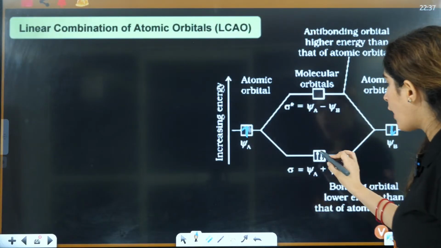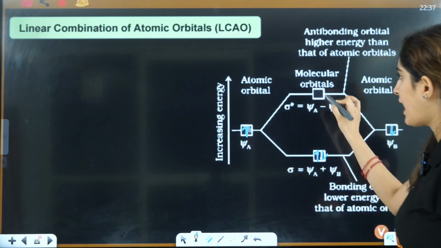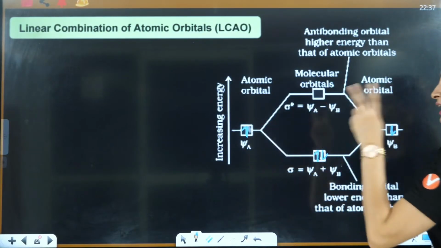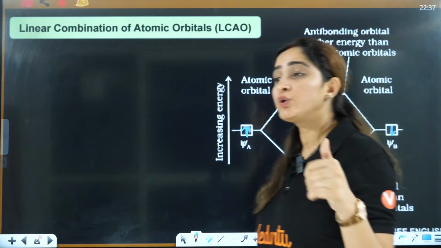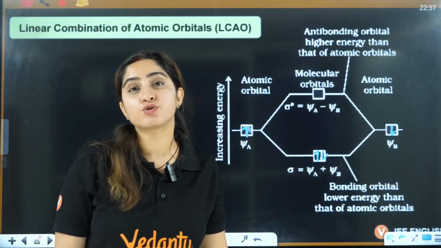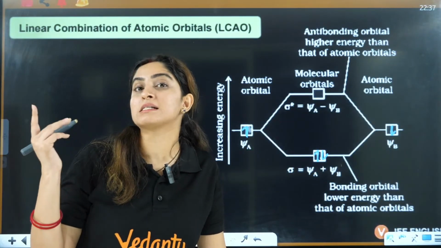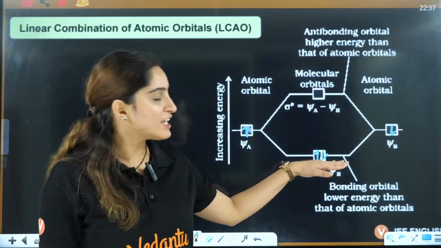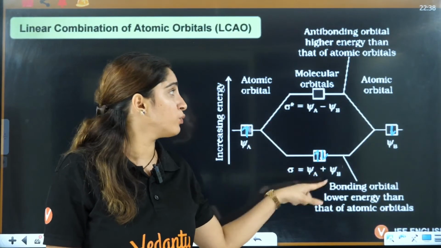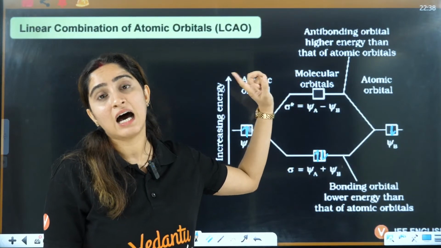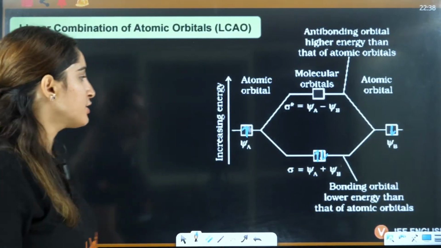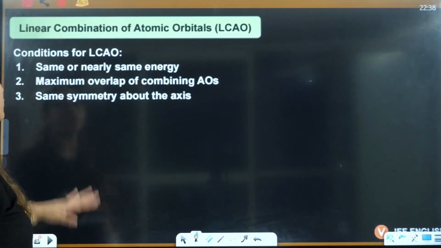How will it be filled? 1, 2, and here this will remain empty. Why? Because in total you had 2 electrons and according to Hund's law plus Aufbau plus Pauli exclusion principle, degenerate orbitals first will be singly filled, then they will be fully filled, then only you can jump to the next higher energy orbitals. Understood? So that's why here you will have 2 electrons.